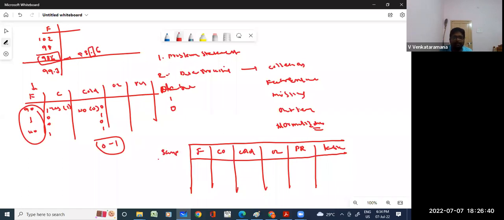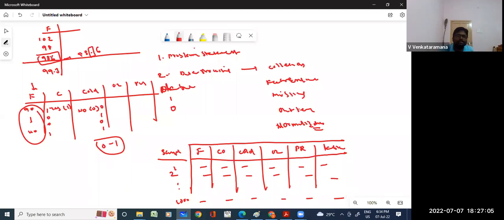For the first sample you have some values, for the second sample some other values, and like that you have 1,000 samples. Now the final data is ready after all the data processing. Now you understood the problem statement, and you have the data ready. Now what is the next step?